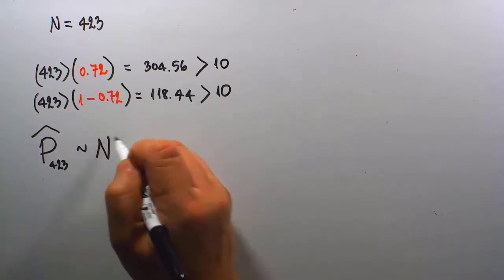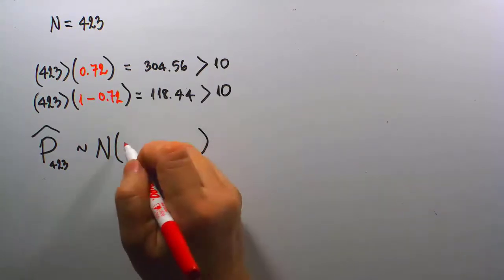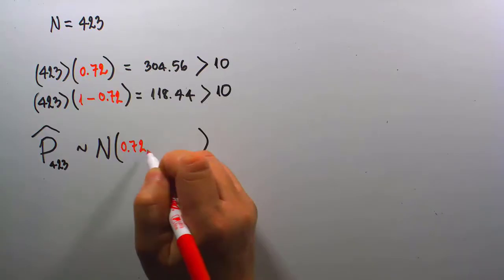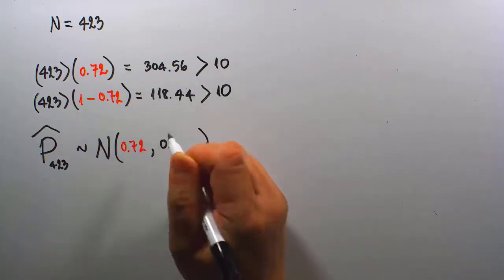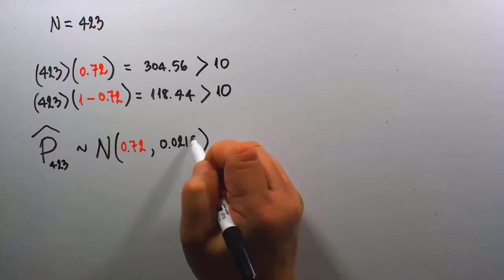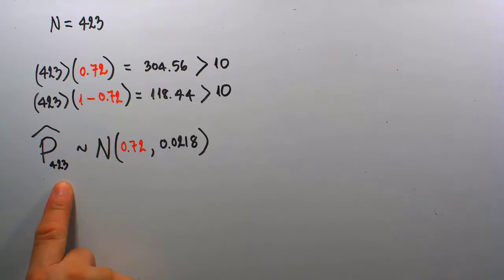And this bell curve, this normal distribution, has center at 0.72, and with the average spread we found previously, 0.0218. Or in other words, capital P hat 423 is a bell curve distribution.